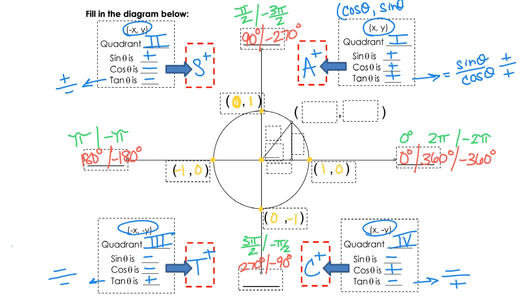In the triangle over here inside of our unit circle, going over is x amount, which is also known as cosine theta. When we go up, we go up y amount, which is known as sine theta.